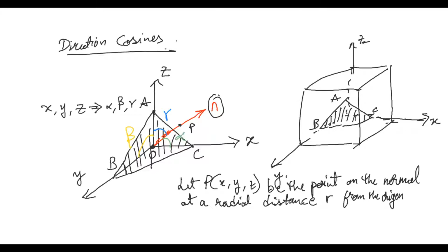In order to understand the terminology, when a plane in a material is subjected to a normal force N, as shown in this figure, and which is making an inclination with all the three axes, and we are naming those as alpha, beta, and gamma, then the direction cosines can be explained here.